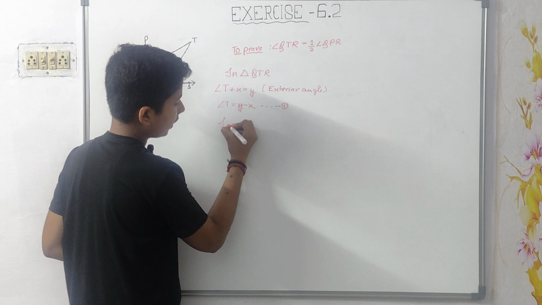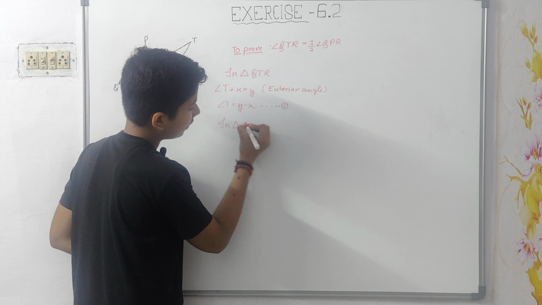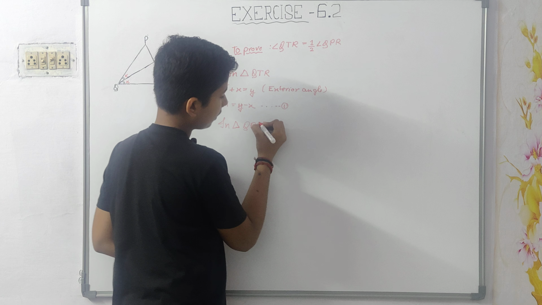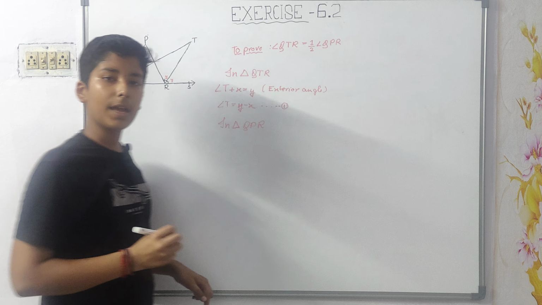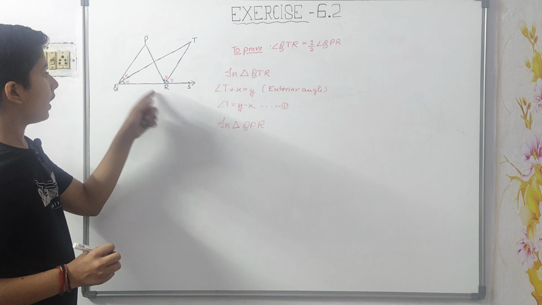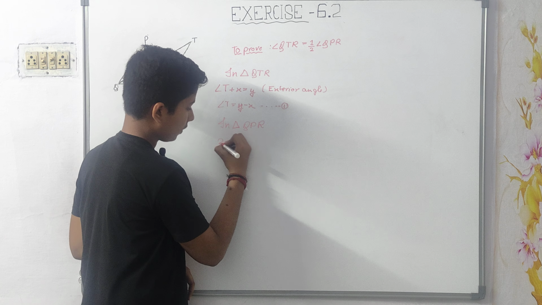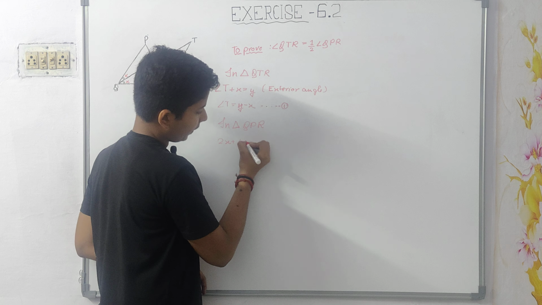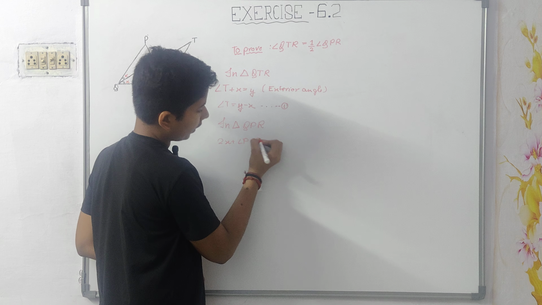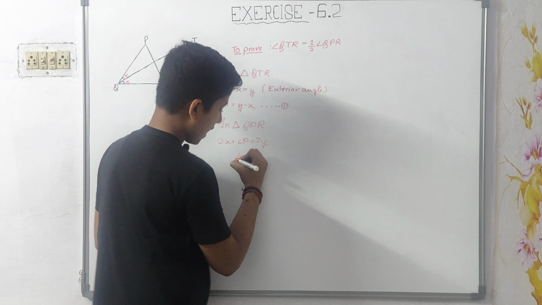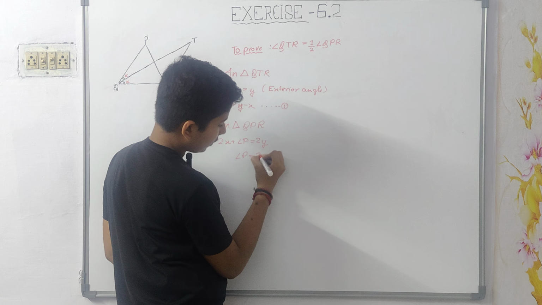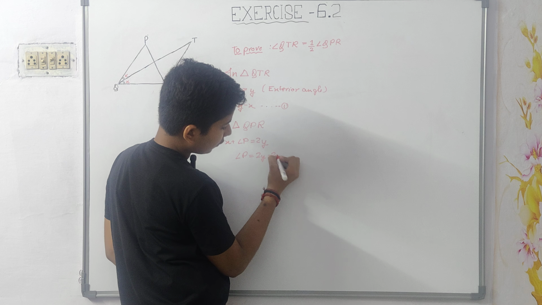Now, in triangle QPR, 2x plus angle P equals 2y. Angle P equals 2y minus 2x.